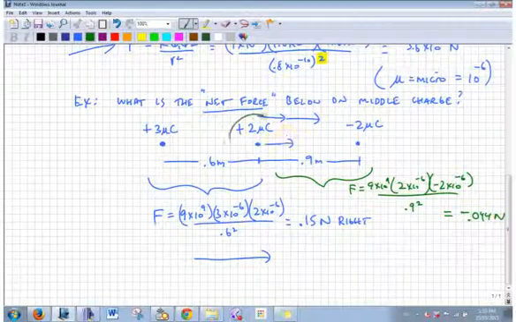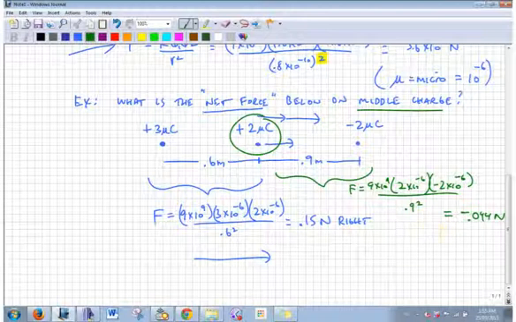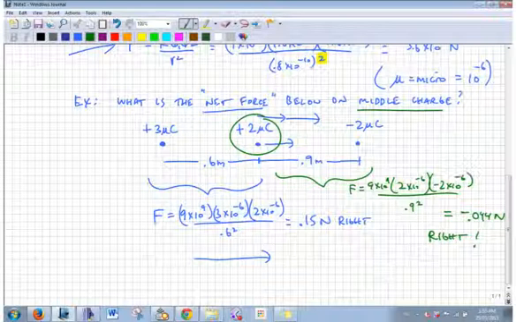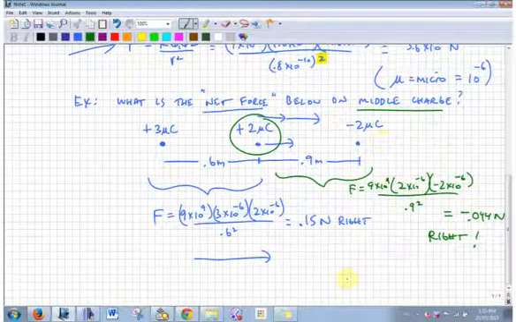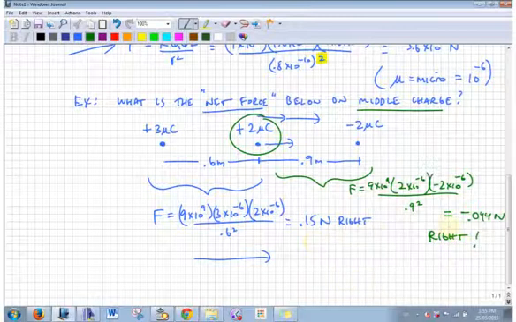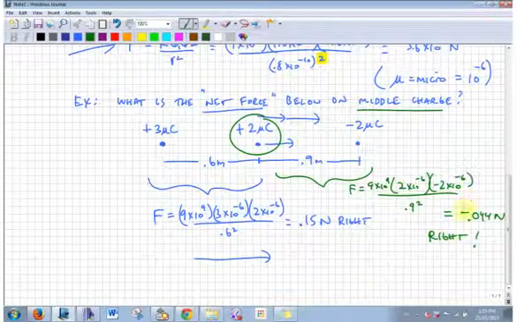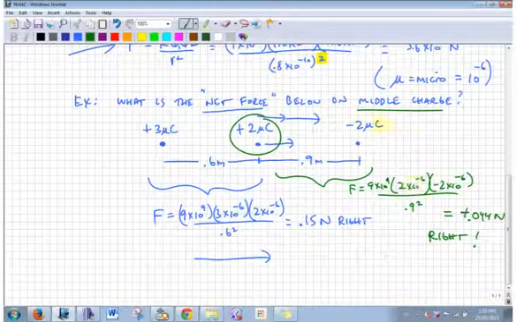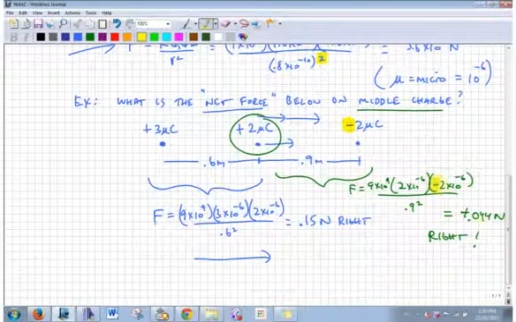I know on the middle charge, this thing's going to attract it. It's also going to be right. So the sign here doesn't make any sense, does it? Does it help you? Just think common sense, okay? They're both right. So am I going to subtract these, add these? Yeah, I'm not even going to worry about this thing. Don't even worry about that in the formula. Just use common sense.